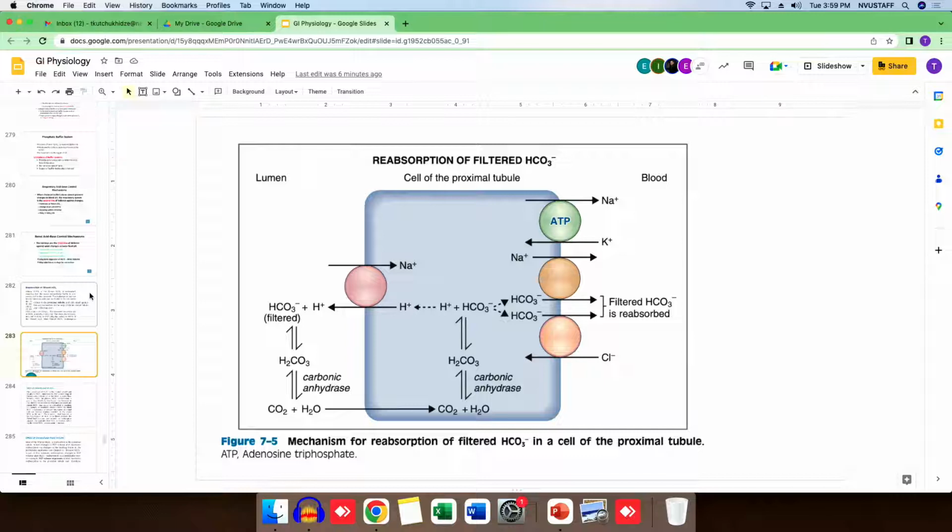Yeah, one bicarbonate into the blood, one proton outside the cell. CO2 is going inside, but water is staying out.